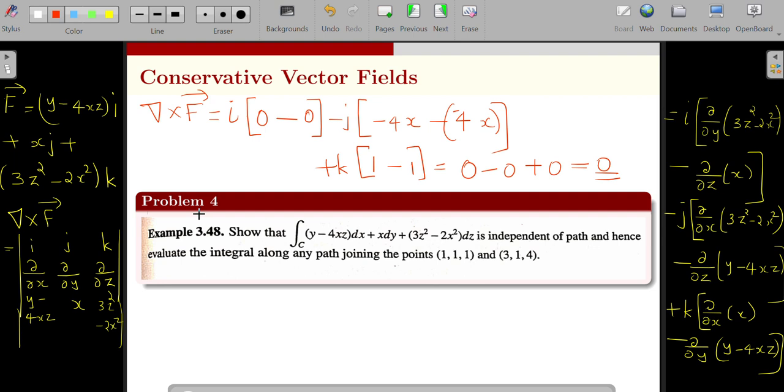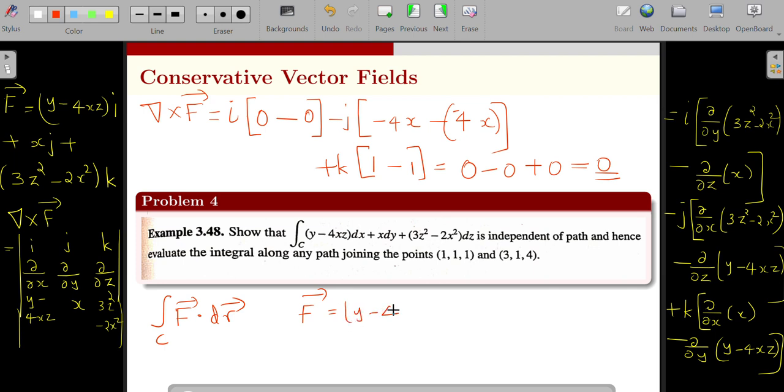Now we have to again evaluate this particular integral along any path joining the points 1, 1, 1 and 3, 1, 4. In fact, this particular given integral is same as the work done, line integral over C f dot dr, because dr means dx i plus dy j plus dz k.